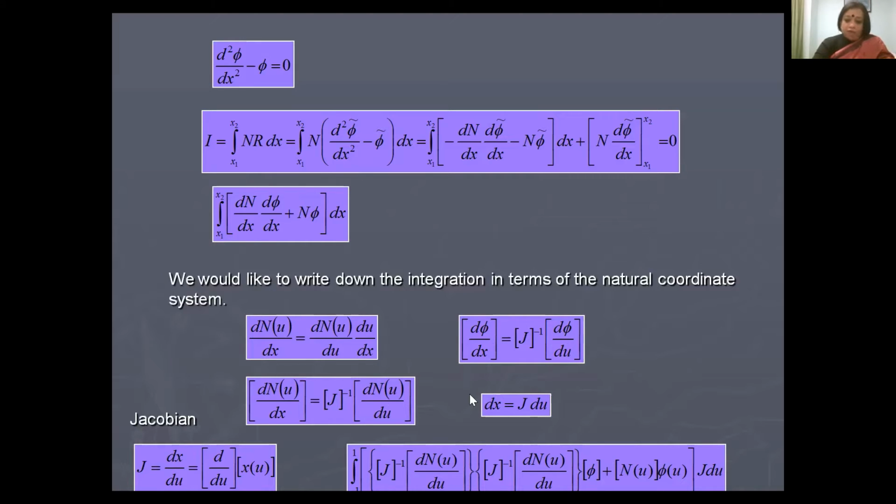So therefore, what I'm going to do is convert this entire integration into an integration in du instead of an integration in dx. Now we have mapped x1 to -1 and x2 to +1. So therefore, when I integrate over that particular element, the integration limits become -1 and +1.